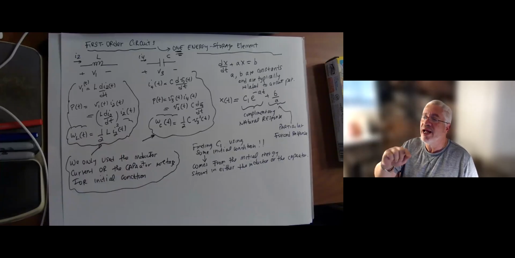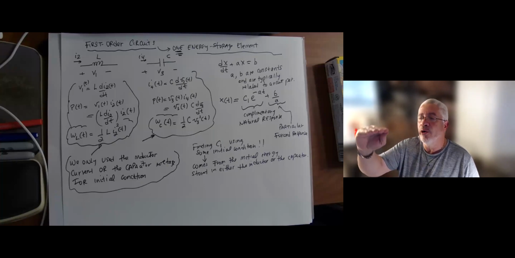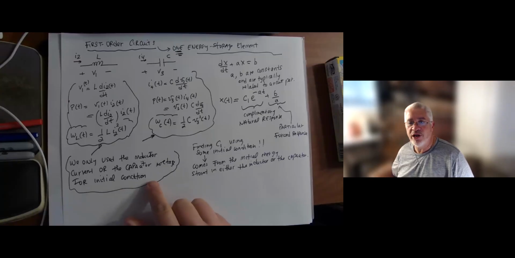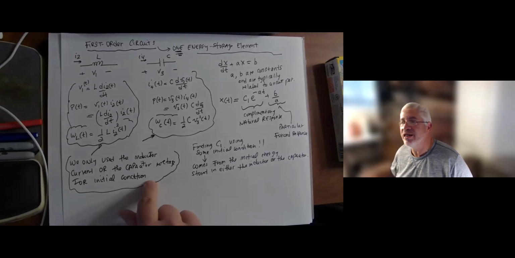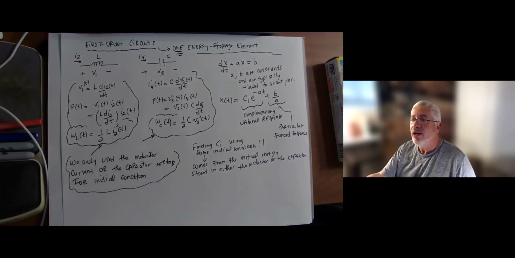So we know that the energy in the inductor is a continuous function. Okay, it's either rising or it's dropping, but it never jumps. So we can use that for initial condition, because physically the energy is the initial condition. It's the initial energy that we're looking at, how it is going to propagate into the circuit.